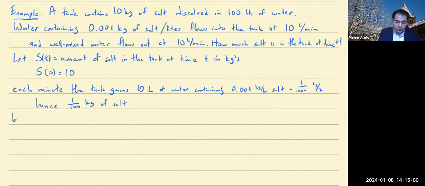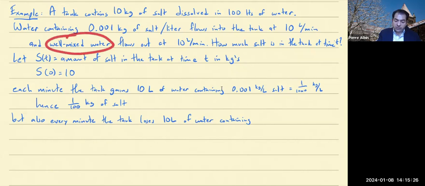right? But also each minute, the tank loses 10 liters of water, containing, well, how much salt is in the water that's flowing out? They tell us it's well mixed.